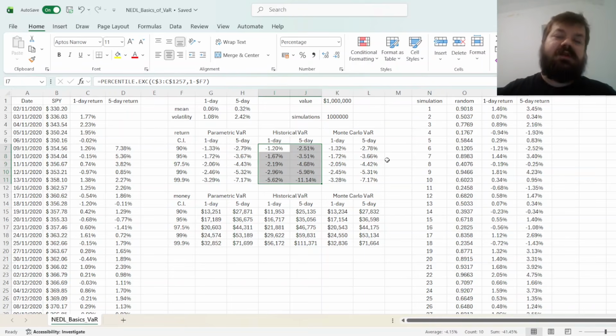Well, first of all, it's backward looking, but what is also problematic is that it assumes that all observations are equally important. So say extreme returns that occurred 5 years ago are as relevant as, say, extreme returns that occurred last month. And that might not be true for forward-looking modeling, especially one-day-ahead modeling.